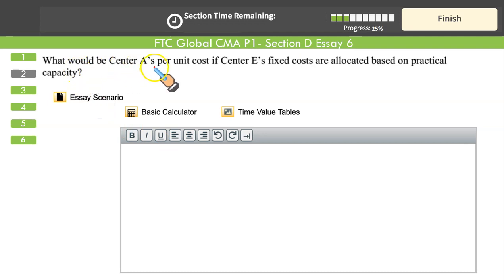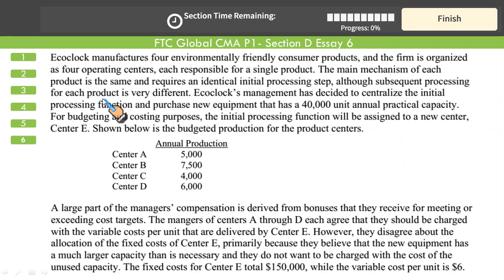What would be Center A's per unit cost if Center E's fixed cost, which is $150,000, is allocated based on the practical capacity? $150,000 based upon practical capacity. Let's go back to the scenario. Here we go.